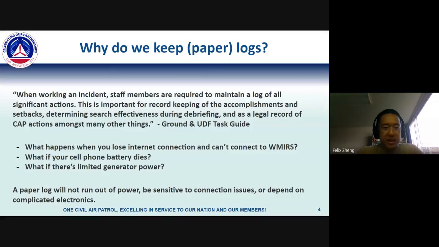And the reason we want to keep paper logs is what happens when you lose internet connection and can't connect to WIMMERS or Google Docs or whatever else you may use. What if your cell phone battery dies? What if there's limited generator power and you can't power an extra computer for logging things? Basically, our conclusion is a paper log will not run out of power, be sensitive to connection issues, or depend on complicated electronics.